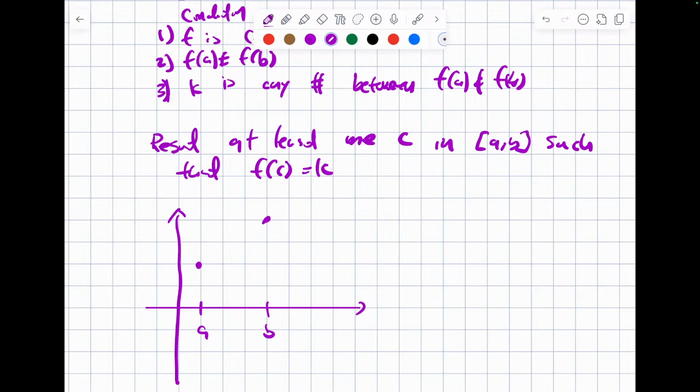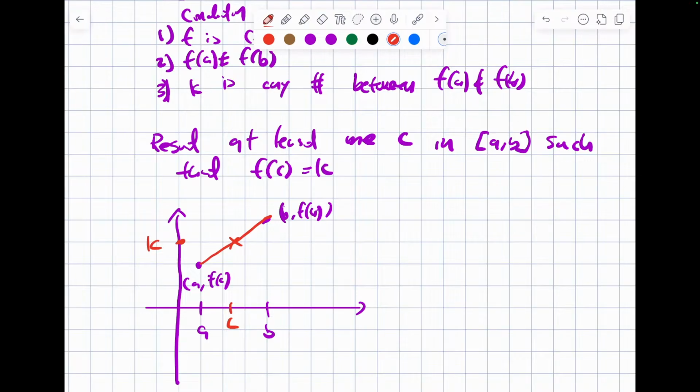So this is (b, f(b)) and this is (a, f(a)). And k has to be somewhere in between. So it must go through this k value at least once, like the water bottle situation.